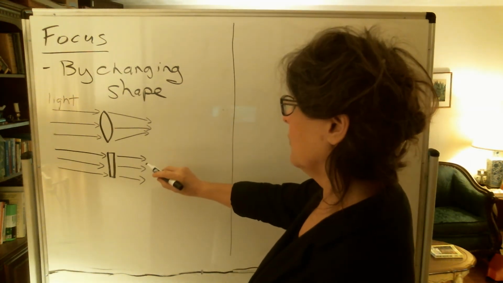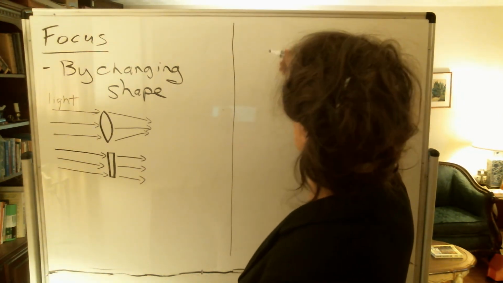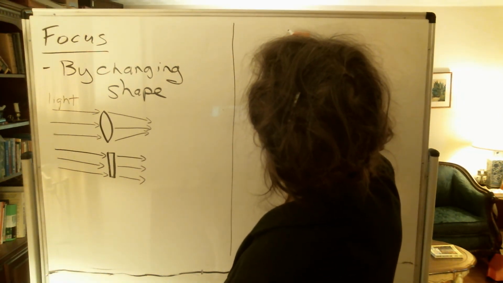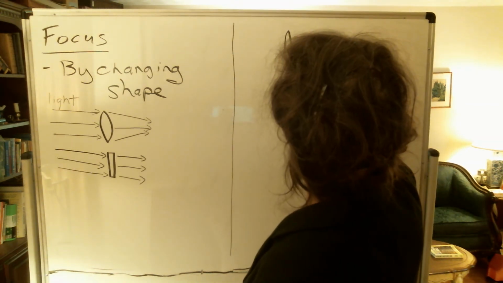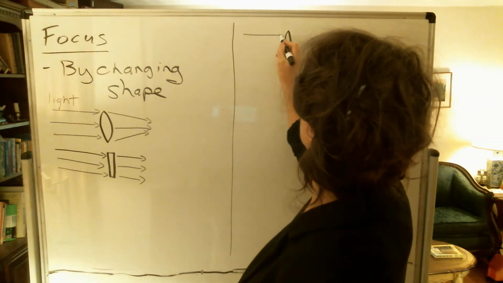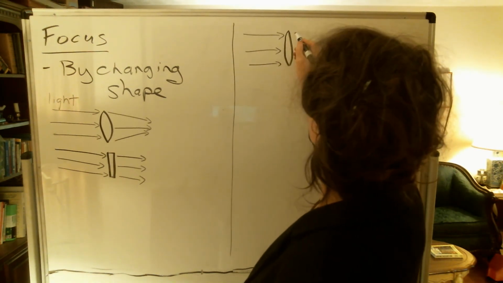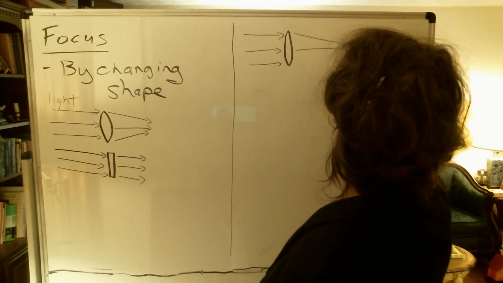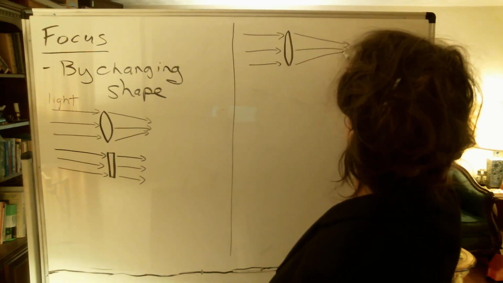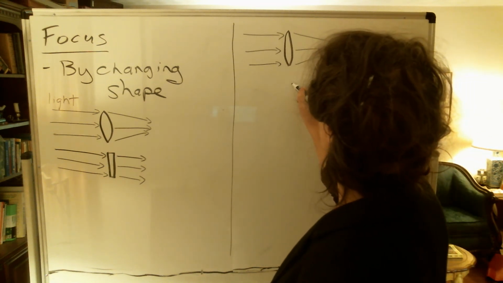So you see here a flat one, a flat window, basically the light will go right through. If you have a lens that is just barely biconvex, very nearly flat like this, then the light will be bent and you wind up with the focal point fairly far away.